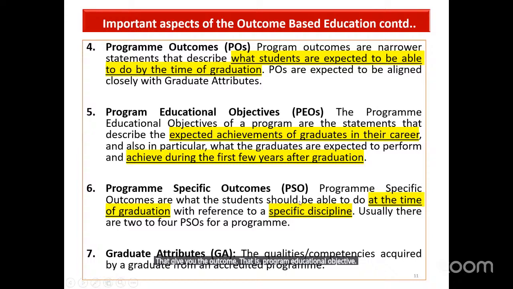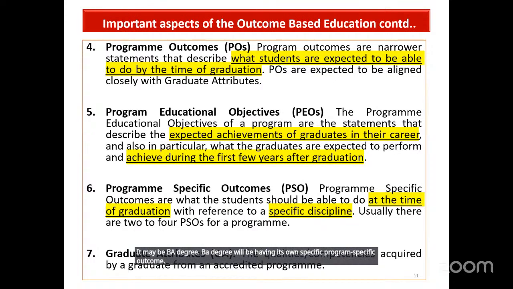Then program specific outcomes. These are specific to the discipline. During the time of graduation, what are the skills? What are the capacities? What are the competencies the student has obtained? It may be a BA degree. A BA degree will have its own program specific outcome.